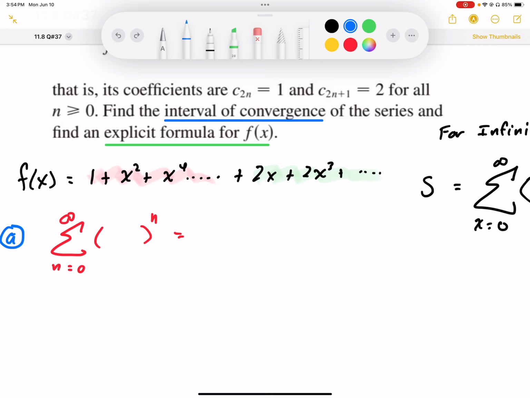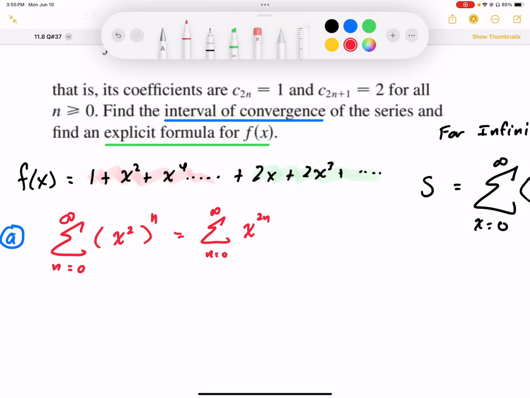The coefficients of 1 all have a predictable formula. They go up by even powers, and the coefficients of 2 go up by odd powers. So we're going to come up with a series formula for each of those separately. Really this is just x squared to the power n, and it simplifies to the sum from n equals 0 to infinity of x to the 2n.